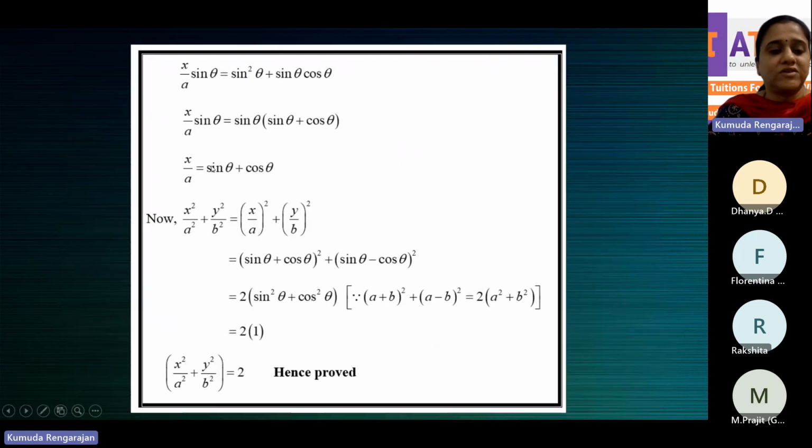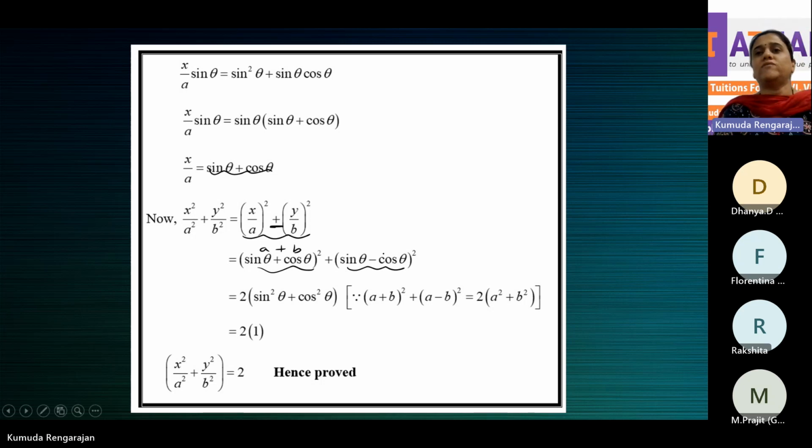So x by a the whole square plus y by b the whole square is equal to sin theta plus cos theta the whole square plus sin theta minus cos theta the whole square. Substitute the values. Now you can use the identity here. What is a plus b the whole square plus a minus b the whole square? 2 of a square plus b square.